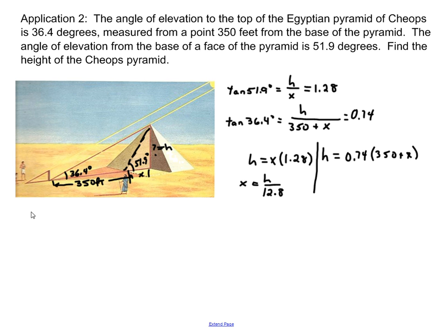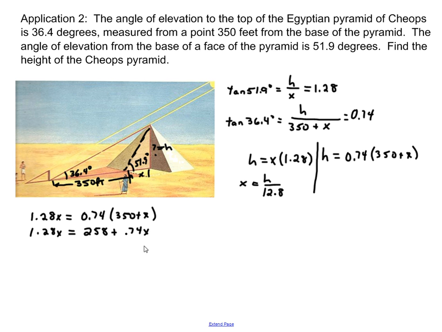I could say that right now, 1.28 times x is equal to 0.74 times 350 plus x. So let's just solve the algebra problem right here. 1.28x is equal to, I multiply and I get 0.74 times 350, which is about 258, plus 0.74 times x.